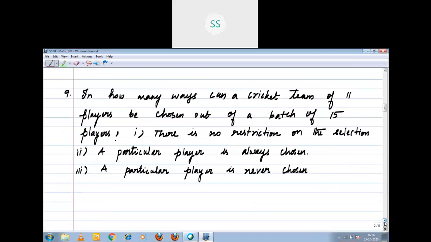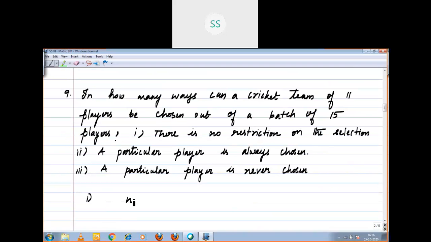Question number 9. In how many ways can a cricket team of 11 players be chosen out of a batch of 15 players? There is no restriction on the selection. So out of 15, 11 can be selected in 15C11 ways. That is the meaning, right?